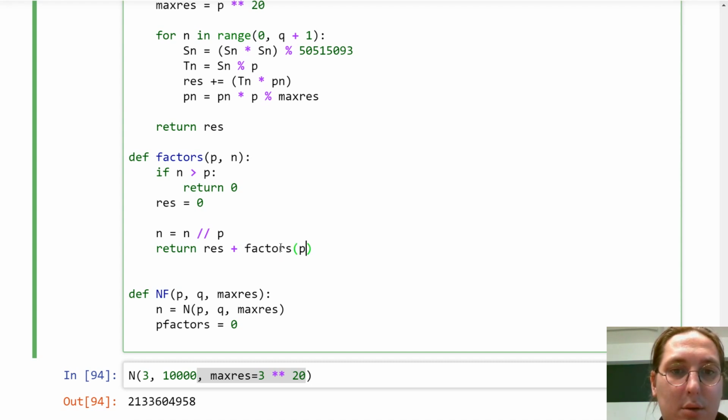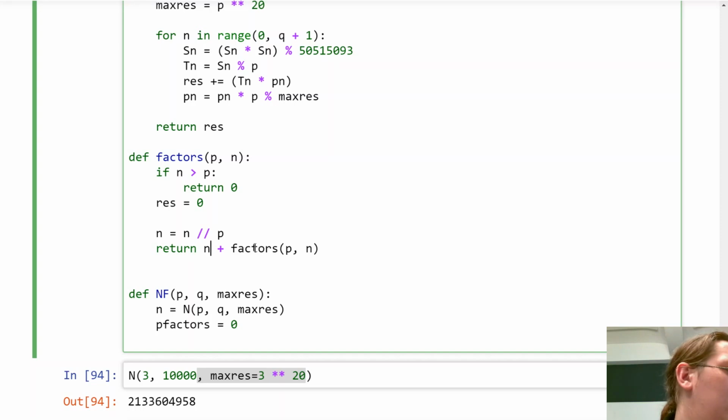No, then you don't need to just do. No, not res plus. Maybe we should call it inside to not do the call before. n plus factors of p, comma n. That is it. Replace the n in the parameter. Yeah, this is it.